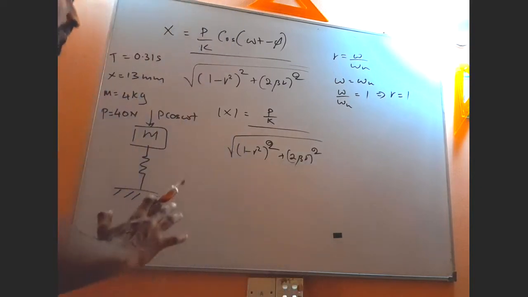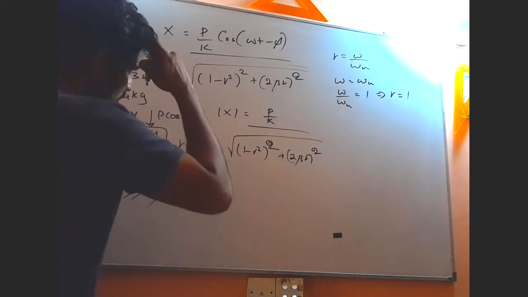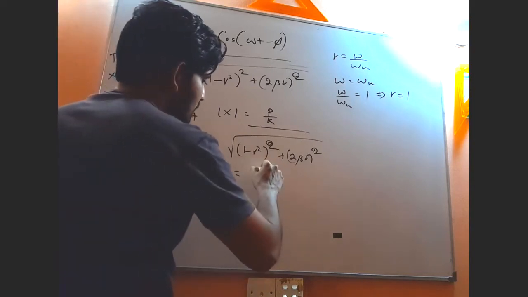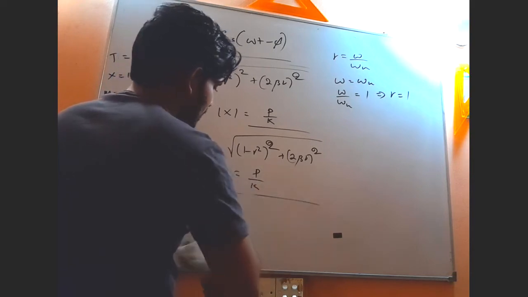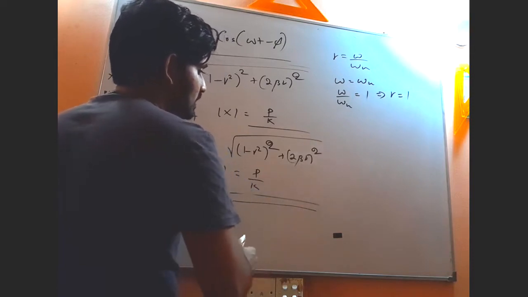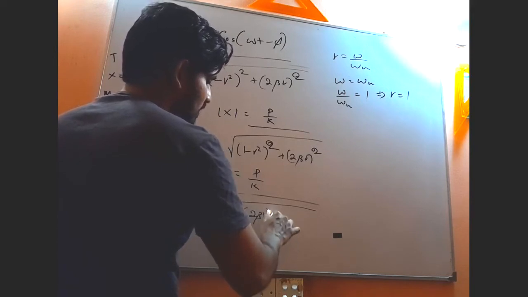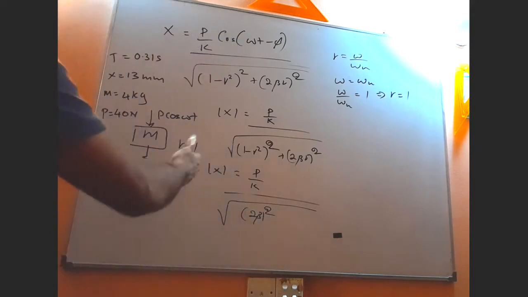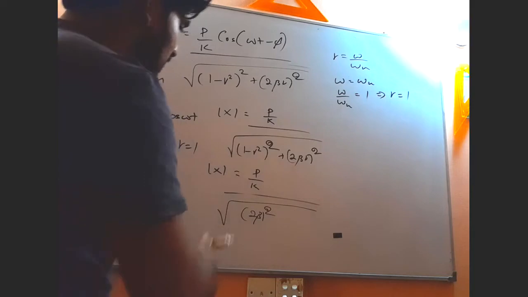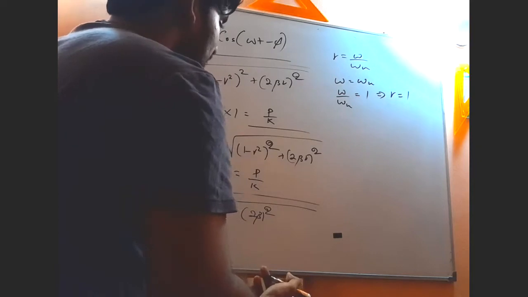Now our r equals 1. So x modulus equals P divided by K divided by the square root of (2 beta r) whole squared, and since r is 1, that is (2 beta) whole squared. Since x is the modulus, it is always positive, so the square root of (2 beta) squared is 2 beta.